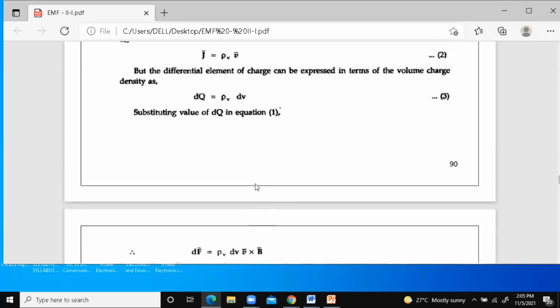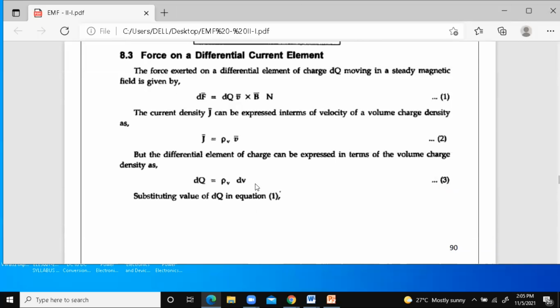So what we're gonna do now, we already know these from before, right? So we're gonna substitute this in this equation.